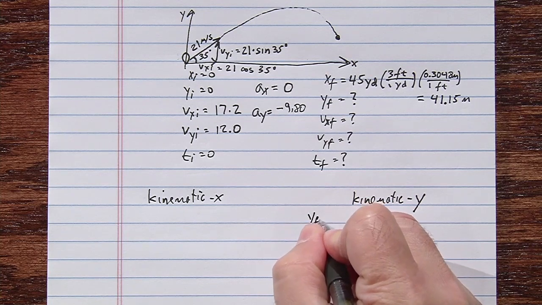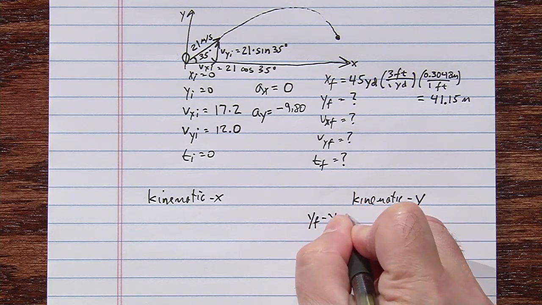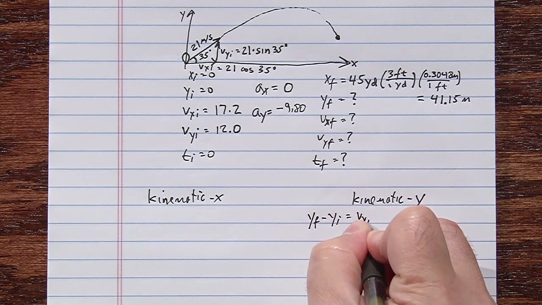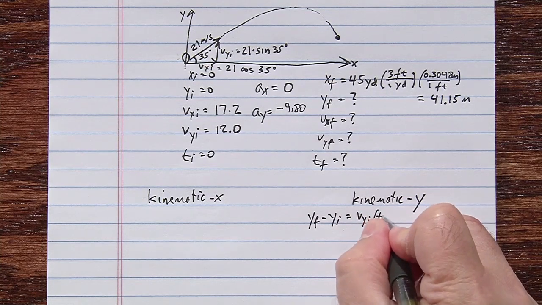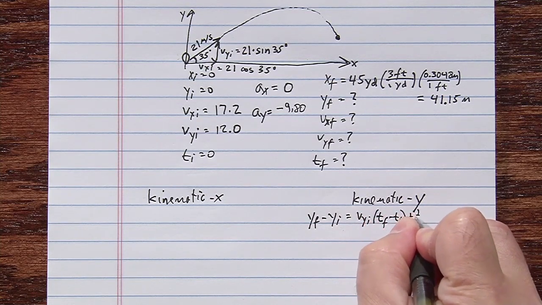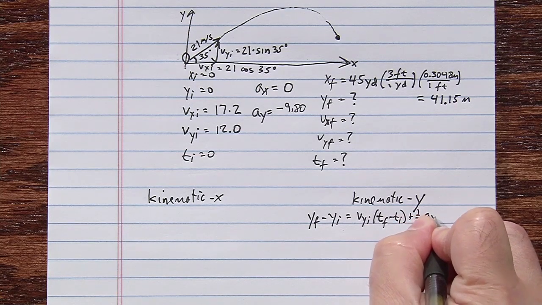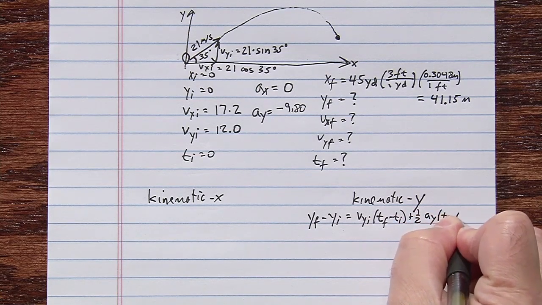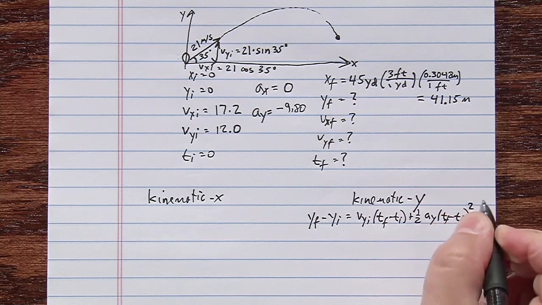Y final minus Y initial is equal to Vy initial times T final minus T initial plus 1/2 AY times T final minus T initial squared.